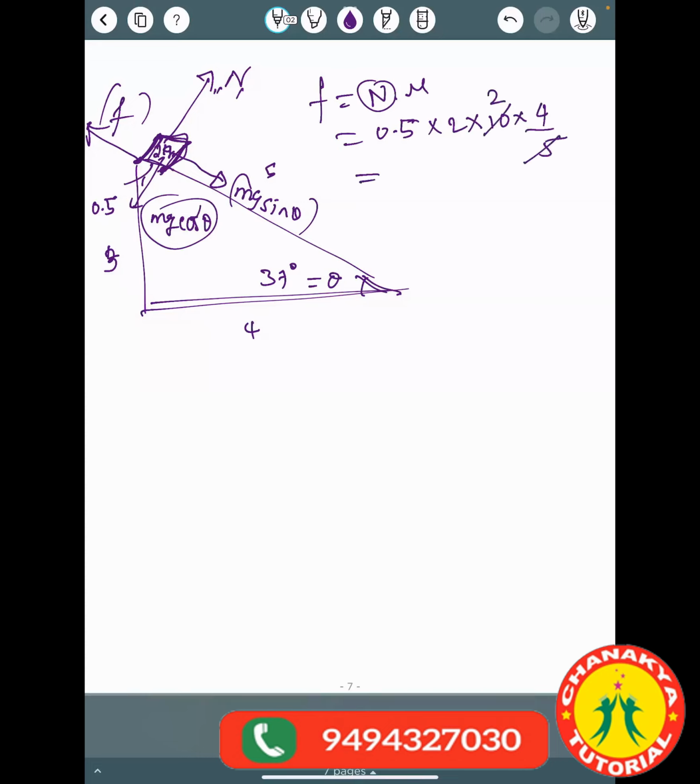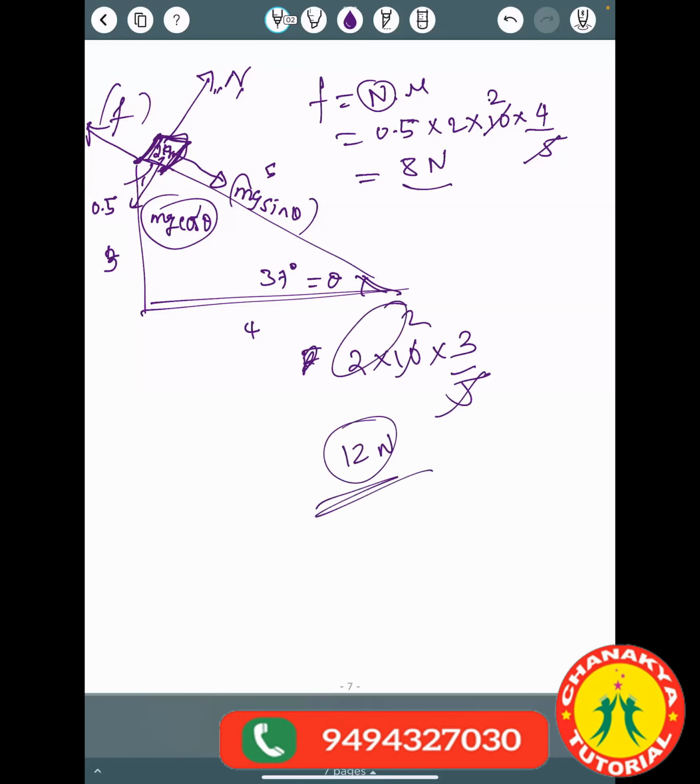So 5 ones are 5, twos are 2, 2 twos are 4, 4 fours are 16, 16 fives are 80, right? 8 Newton is coming, correct? Now I have to check mg sin theta, how much it is coming. So the gravitational component force, that is mg sin theta, m is 2 kg, g is 10, sin 37 is 3 by 5. 5 2s are 2, 2 2s are 4, 4 3s are 12 Newton it is coming. So 12 Newton is greater than 8 Newton, of course it will move.